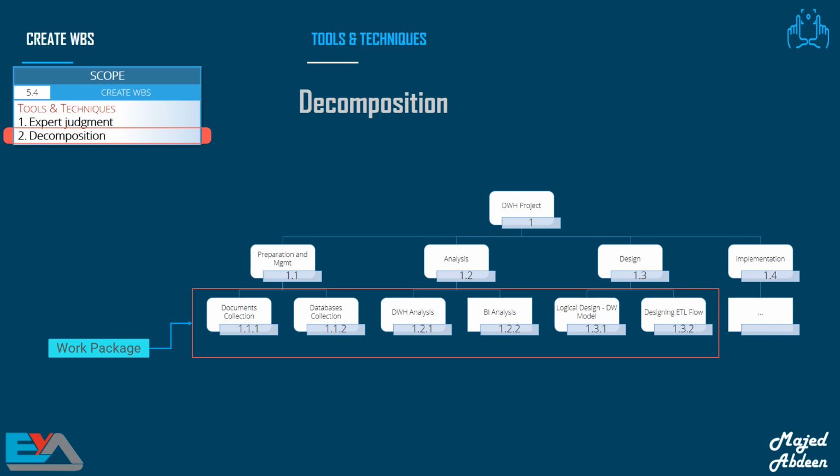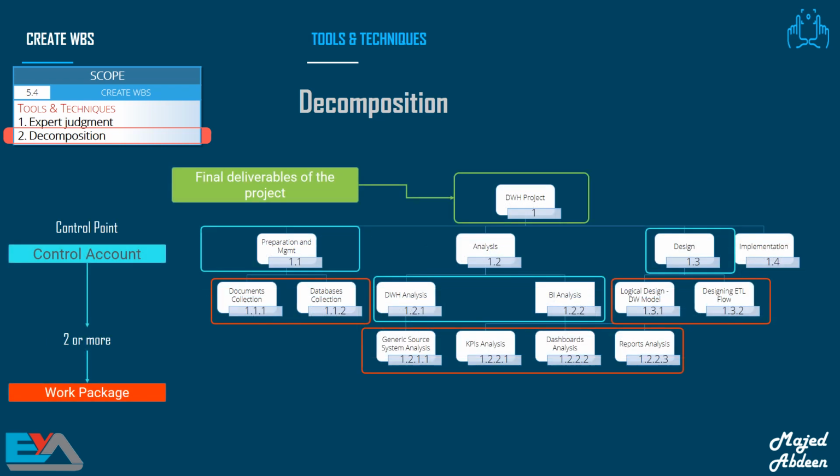A work package describes the work to be accomplished by a specific performing organization or a group of cost centers. We use it to help us in monitoring and reporting the progress of the work. The work package is the critical level for managing a work breakdown structure as shown here.